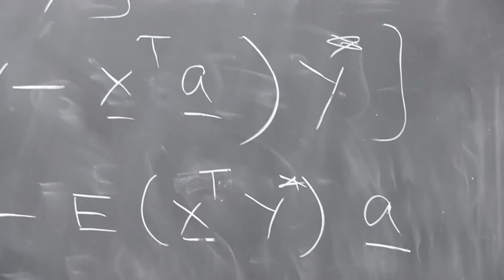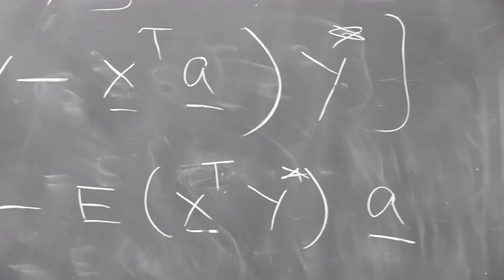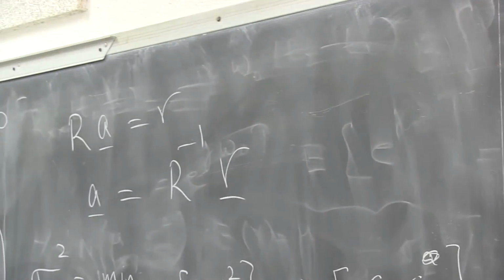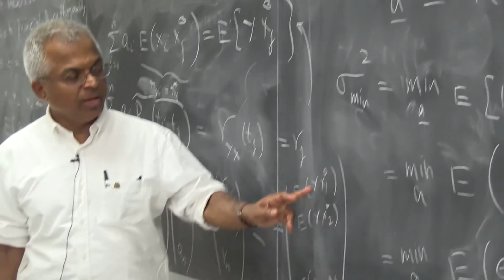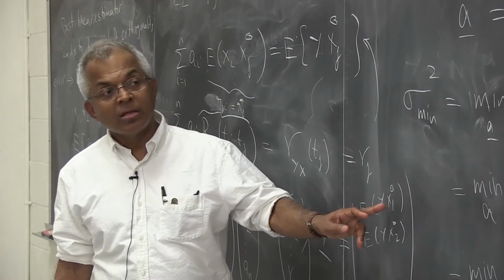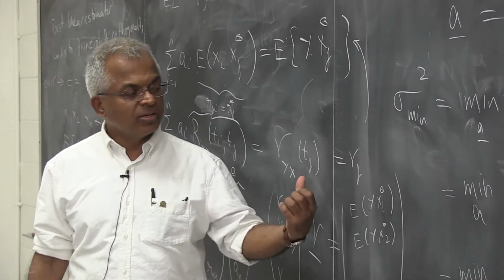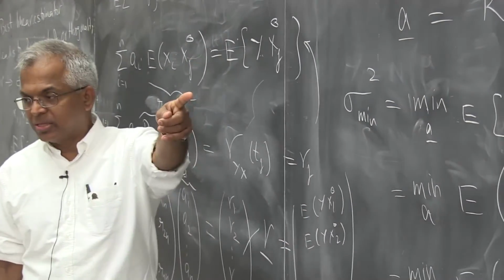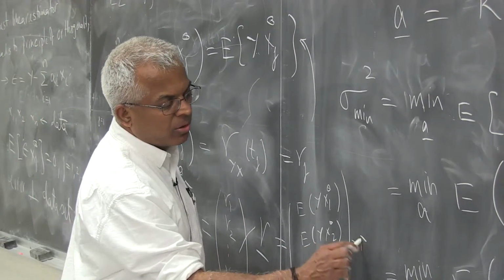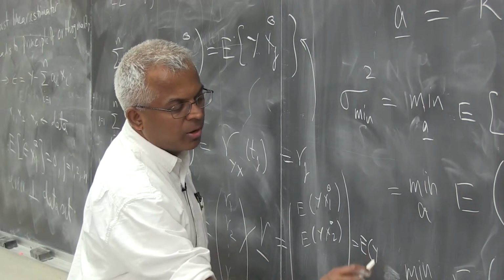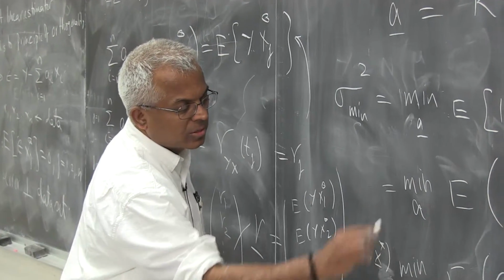X transpose, right. So that's going to be, and from here, if you want, this is y x star, right? So if you take the transpose of that, you'll get that one. You see that, right? So if you want, I can write this symbolically as expected value of y x star, right?